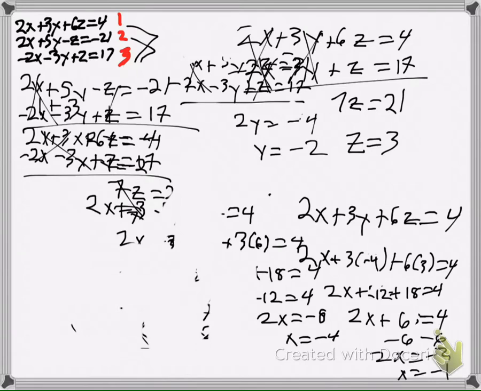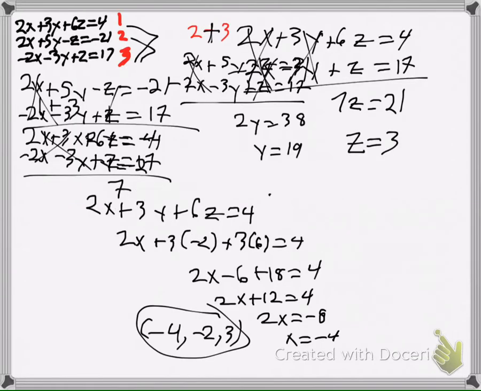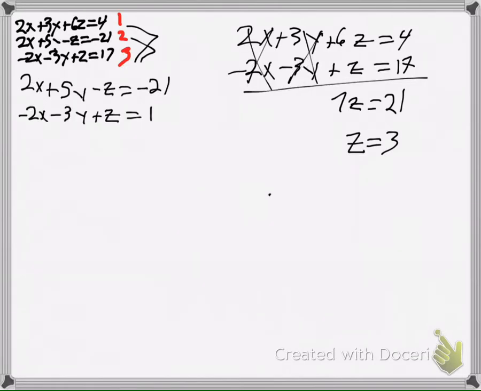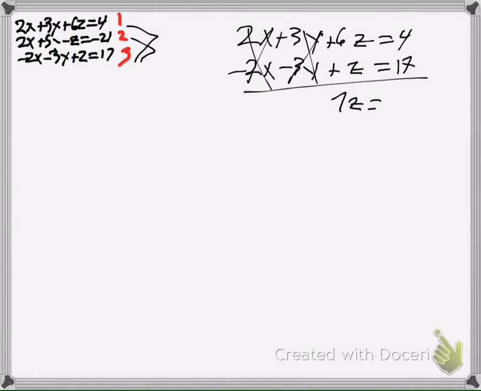Okay, so this next one, we're doing a system of 3 variables. So what we do is we want to eliminate one first. Now notice that if we add the second and third together, the z just drops right out.